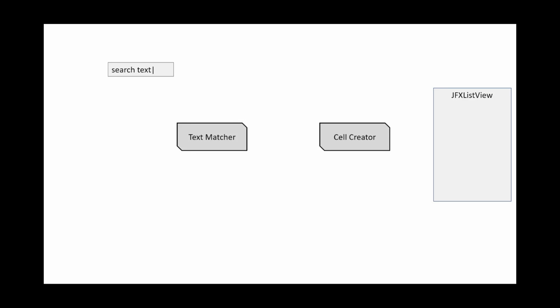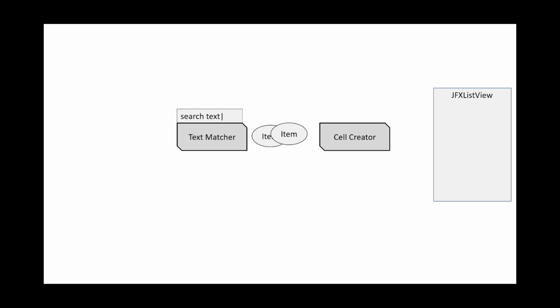Now, putting these four things together, the search bar that you gave it is automatically assigned an event handler by the ItemSearch, so that every time you change the text in the search bar, it updates itself. It takes all of its items and passes them through the text matcher using the text that you typed into the search bar.